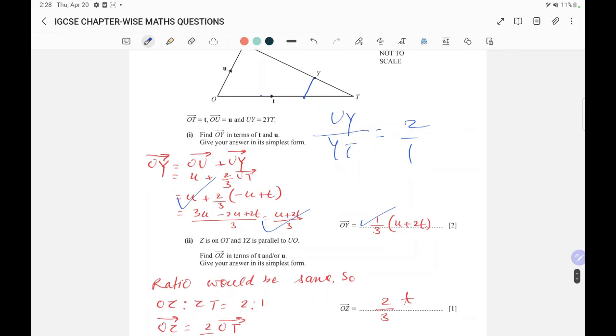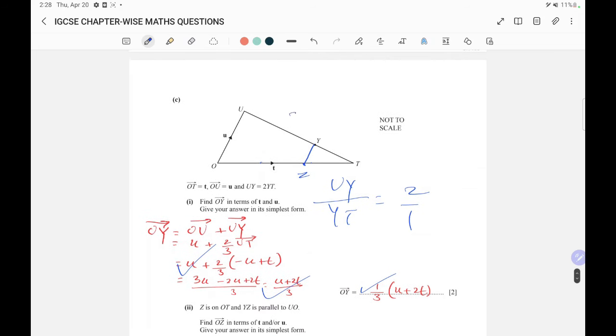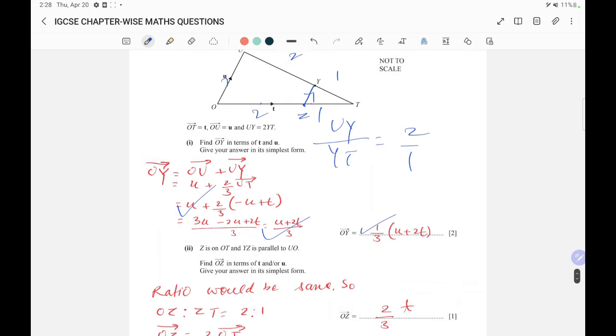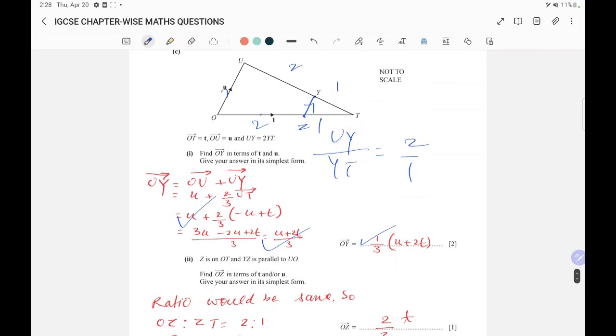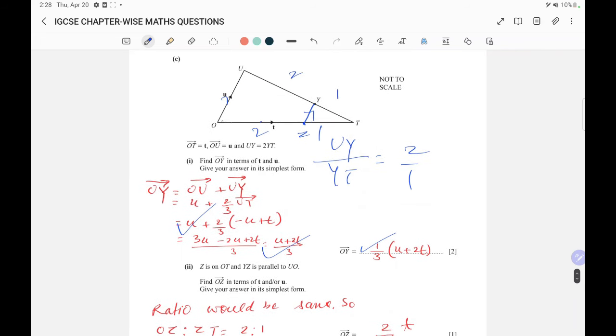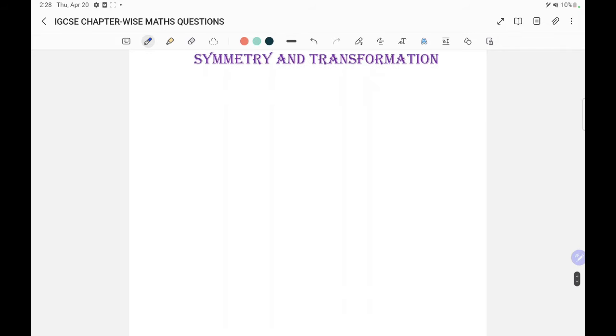Okay, like that. So this is 2:1. This will be also 2:1 because it is parallel. What we need to find is OZ. OZ is 2/3 of OT. That's it. 2/3 of OT. OT was T. So you got the answer.